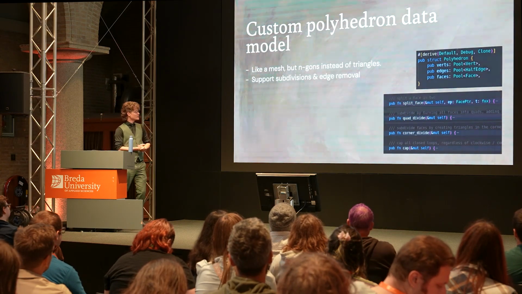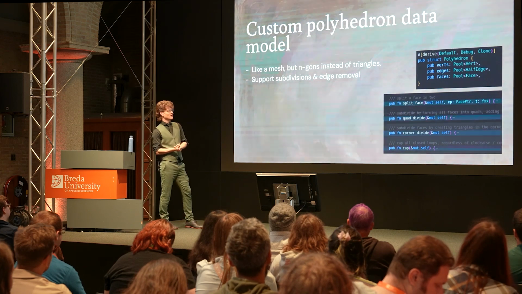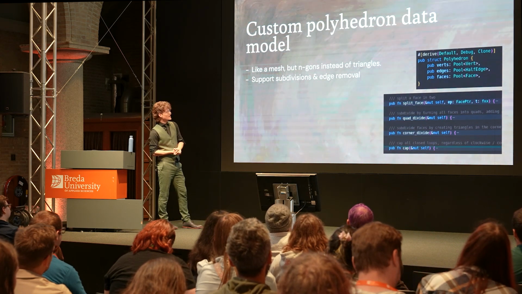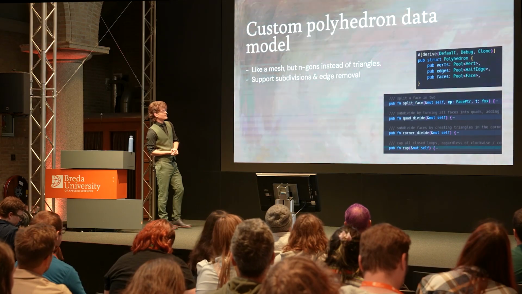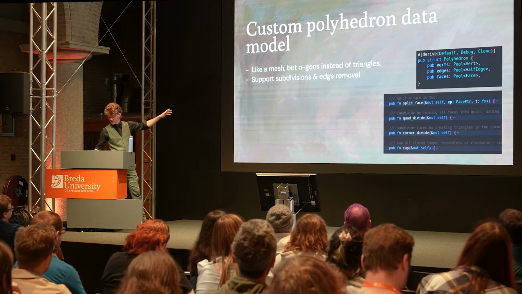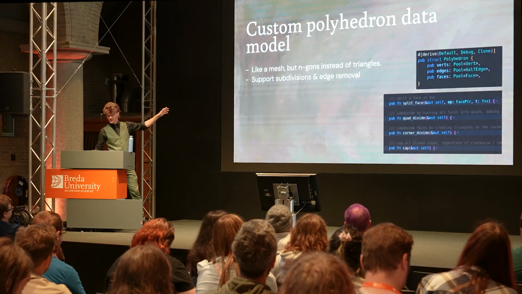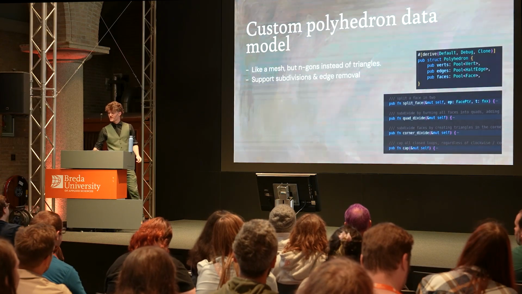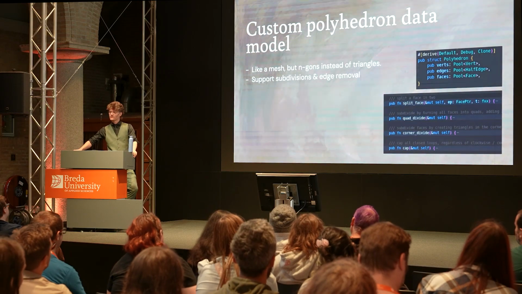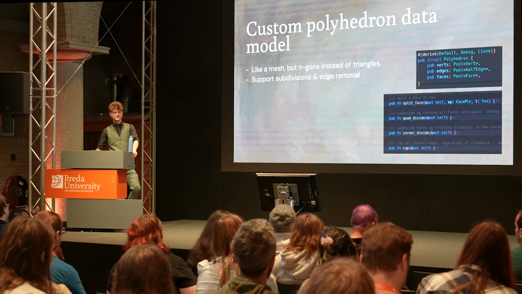Thanks to some of the studies I did for geomatics, I was able to come up with a data structure that is based on half-edges, if anyone is familiar with that. In any case, this supports n-gons instead of triangles. So this was very useful for building the type of tech that you need to generate the types of grids that you see in Townscaper.